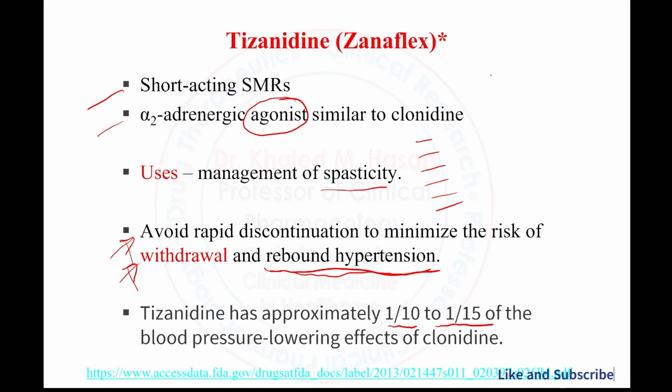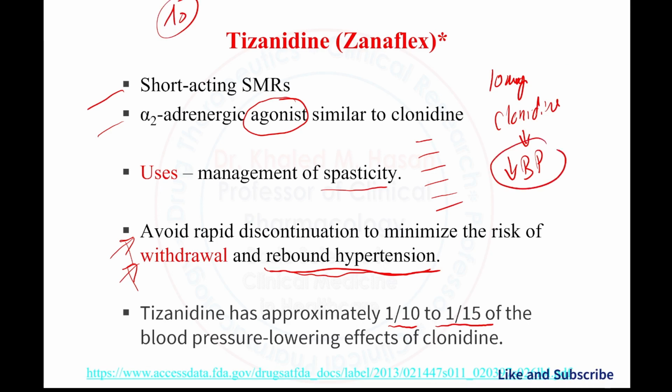For example, if you prescribe 10 milligram of clonidine to lower blood pressure, and the patient is on 10 milligram tizanidine for skeletal muscle, to see an effect on blood pressure you would need to prescribe 10 times more, like 100 milligram tizanidine. The patient would have to take 10 tablets of tizanidine to produce an effect on blood pressure. So this is considered a toxic dose or overdose.